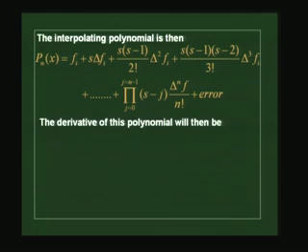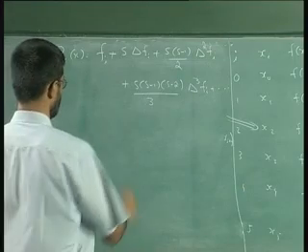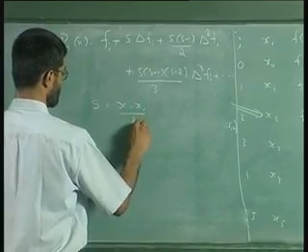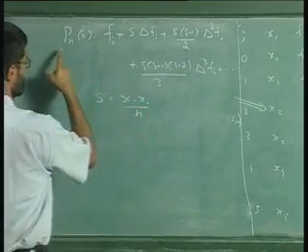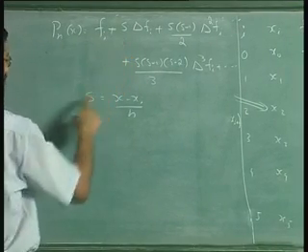So now the derivative of this polynomial can easily be written. Once we have this form, we can write the derivative. Remember s is (x minus x_i) by h. So the derivative with respect to x is the derivative with respect to s into ds by dx.